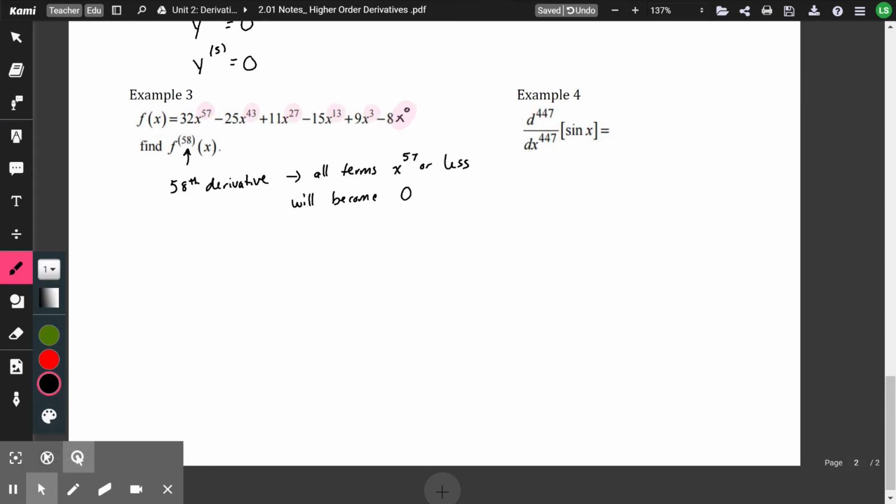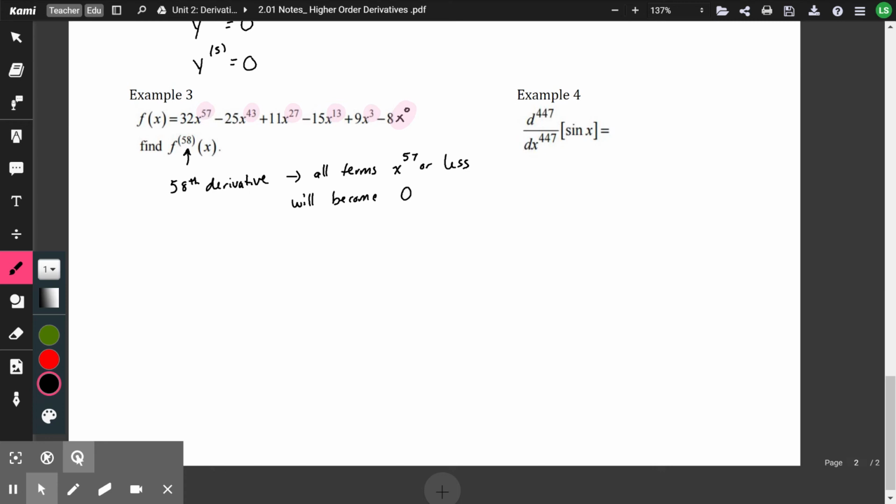For example 3, since we are taking the 58th derivative and we're working with a polynomial function, any term that has a power of 57 or less will become a 0 based on the number of derivatives we're taking. If we did have x to the 58th, we would need to calculate what new coefficient would still be around.